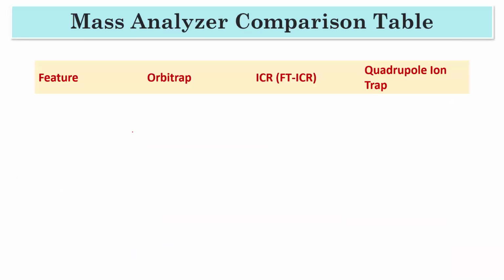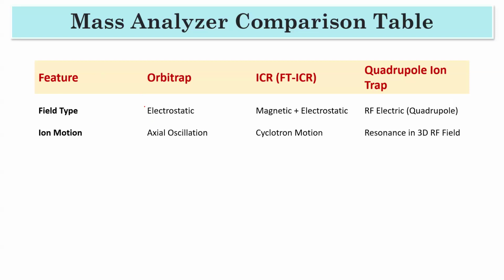Let's compare these three: Orbitrap, FTICR, and quadrupole ion trap. The field type in the Orbitrap is electrostatic. In ICR it is mostly magnetic, but you can also use electrostatic. In the quadrupole, as I told, you need an RF electric field because we want to change the polarity of the quadrupole.